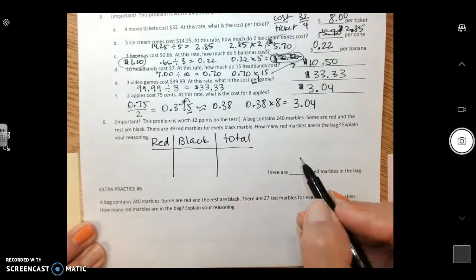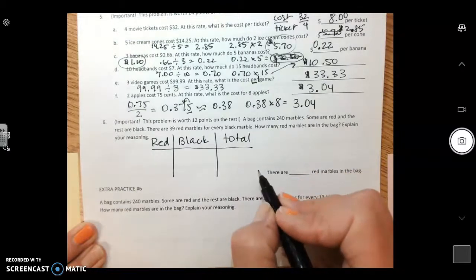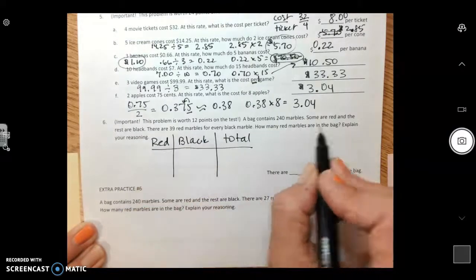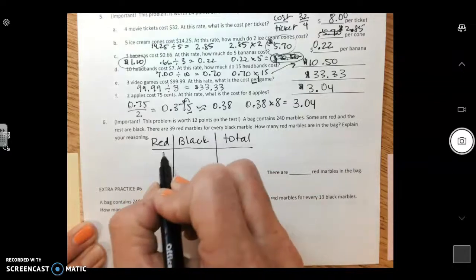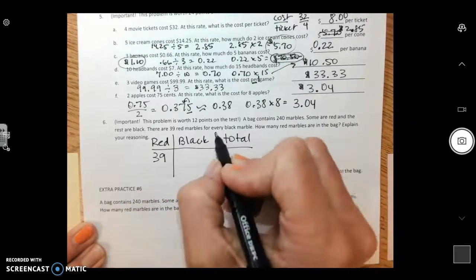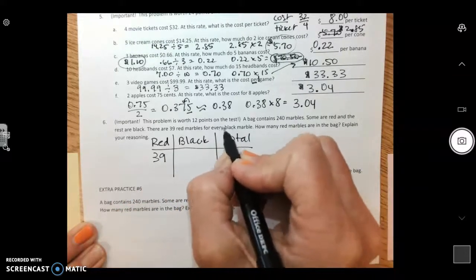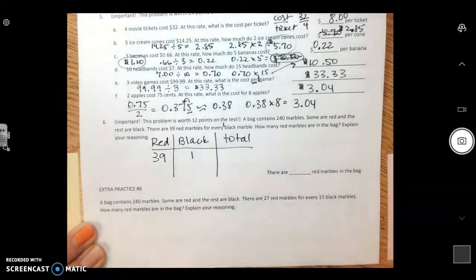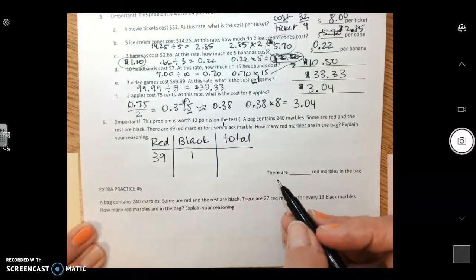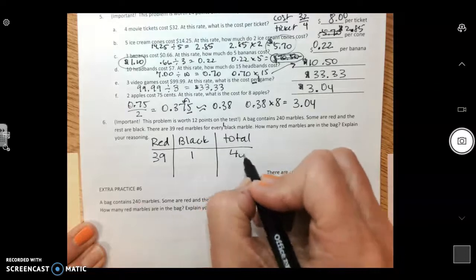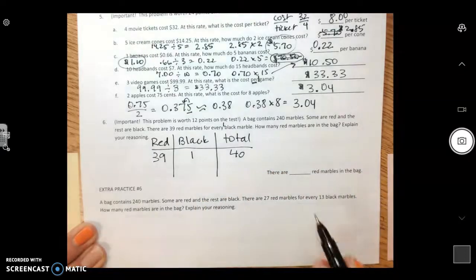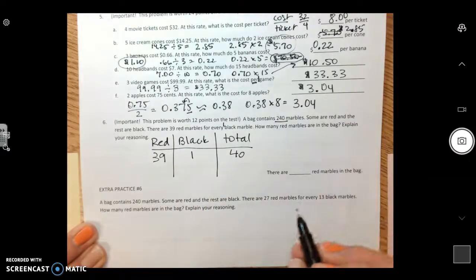And we do know that some are red and some are black. There are 39 red ones for every one black one. So 39 to 1. And if we add those together, our total will be 40. But our bag is 240 marbles.